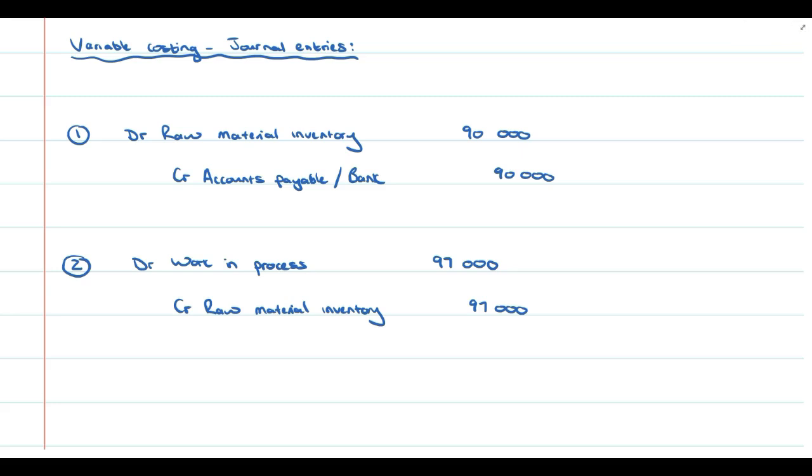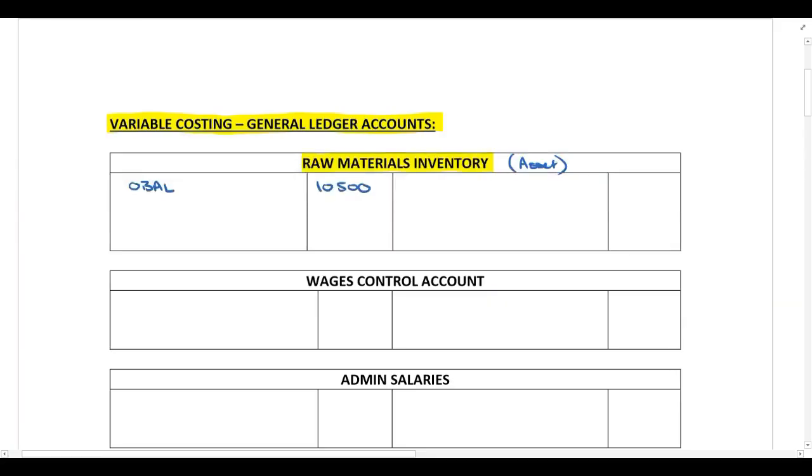So let's record these two journal entries in our general ledger accounts. First, when they purchased raw material inventory, we debit raw material inventory, we credit accounts payable or bank, and that was for 90,000 Rand. Then when we issue the raw material into production, we take it out of our raw material inventory and we take it to work in process.